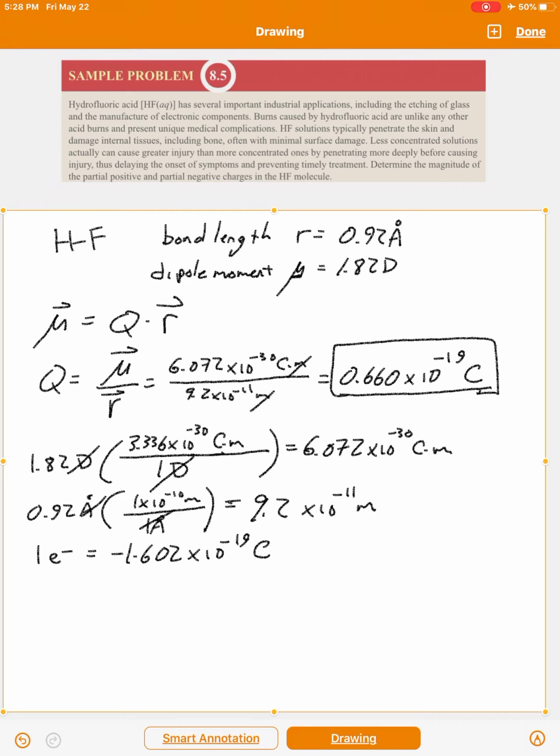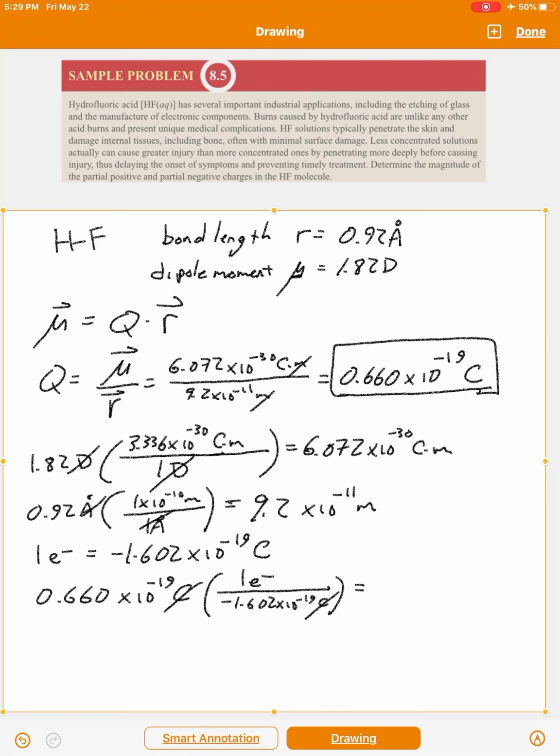So here's what I'm going to do. I'm going to take our charge in coulombs. Notice I haven't put it in scientific notation. We don't need to yet. And then I'm going to convert that to electron charges. Okay, now the coulombs cancel, and that gives us electron charges.